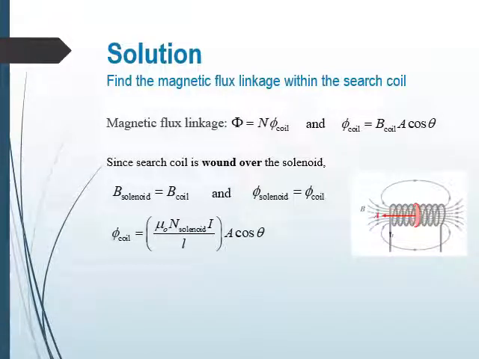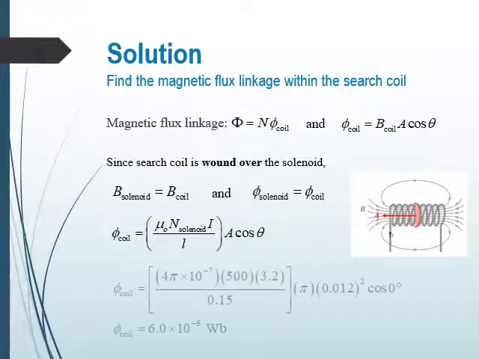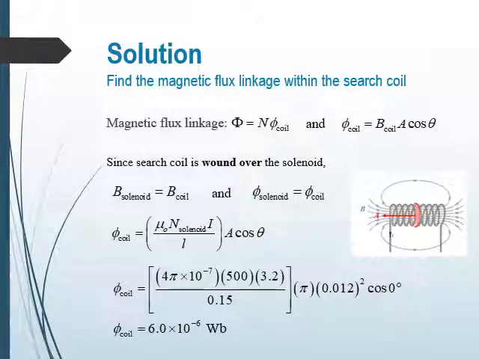Phi coil is equal to mu naught N solenoid I over L, times A cos theta, where this part is the equation to calculate the magnetic field of the solenoid at the center of the solenoid. Substitute the values into the equations and you will get magnetic flux equal to 6 times 10 to the power of negative 6 Weber.